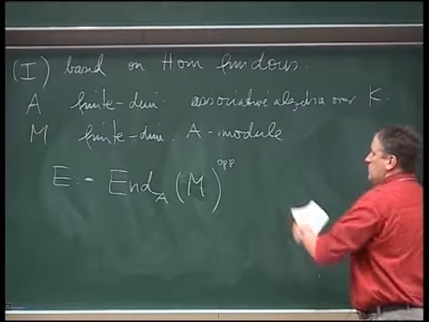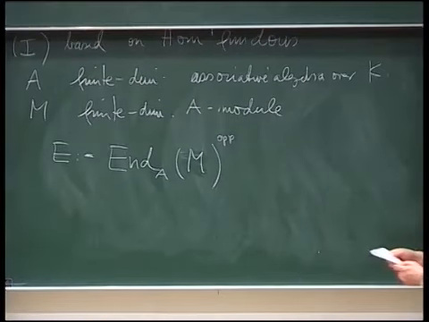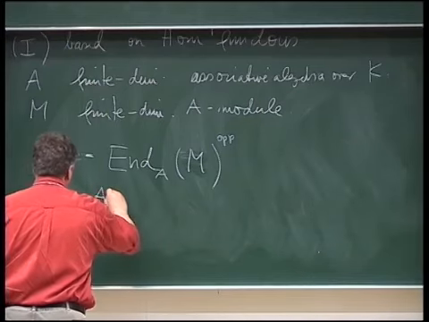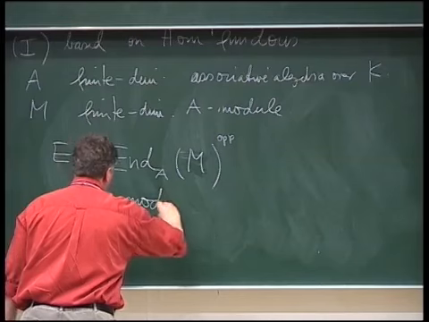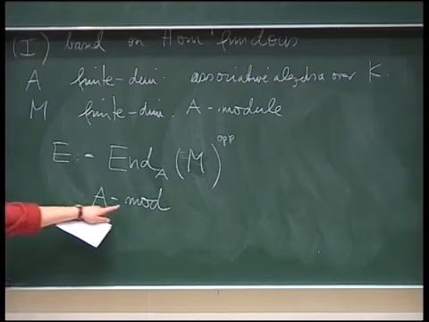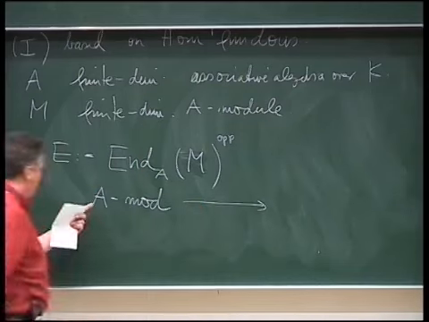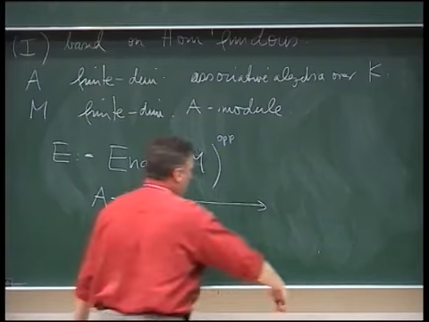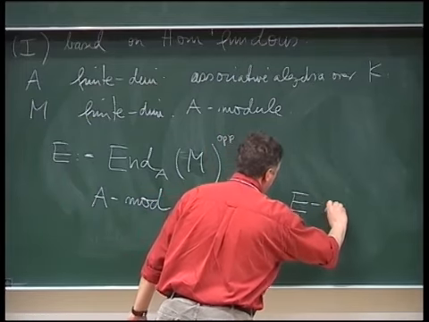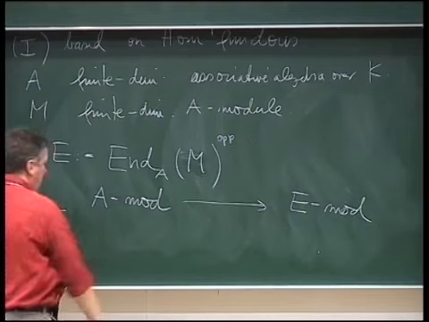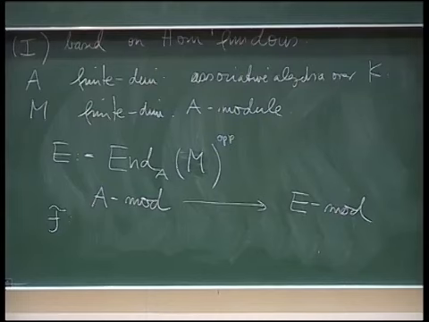So in this very general setting, we can always set up the following functor. We look at left A modules, and we can go from these left A modules to left E modules by a very natural procedure.